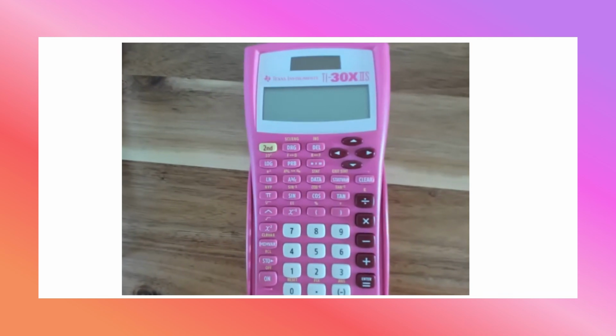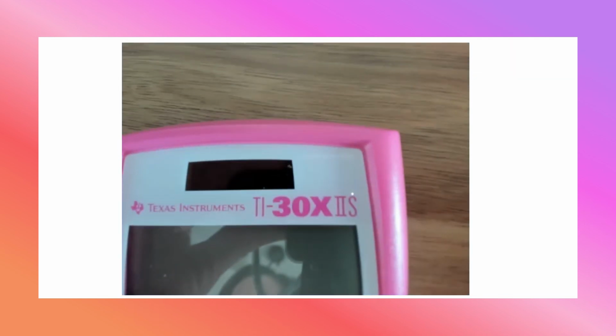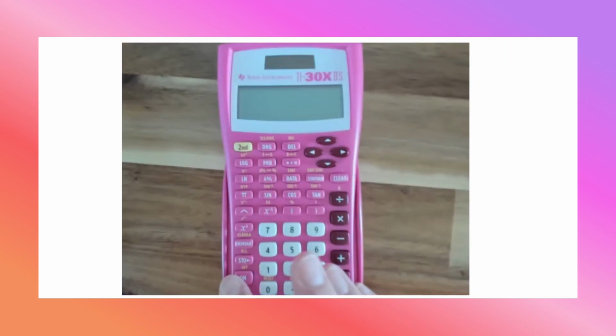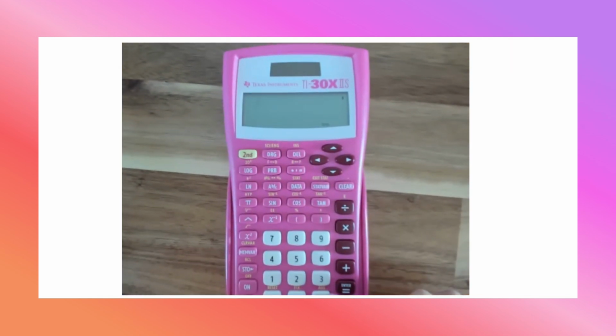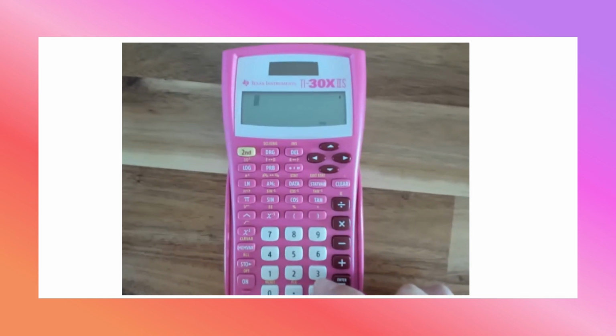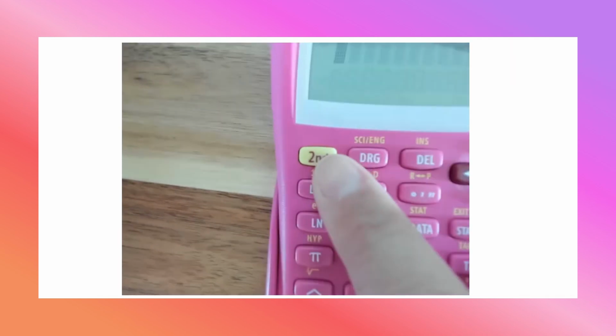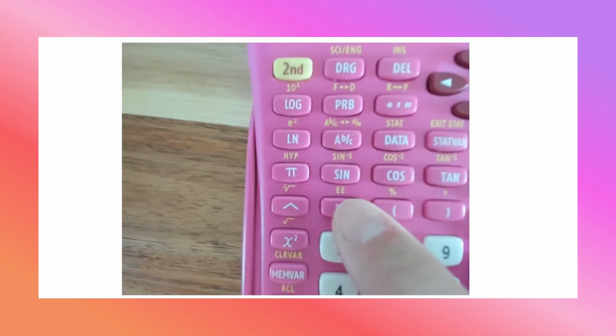You can work scientific notation in your calculator. So I'm first going to be working with the TI-30X2. With this calculator, you want to know the different functions. With working with the exponent, the buttons you need to know are the second, and then above this x, you see that EE.